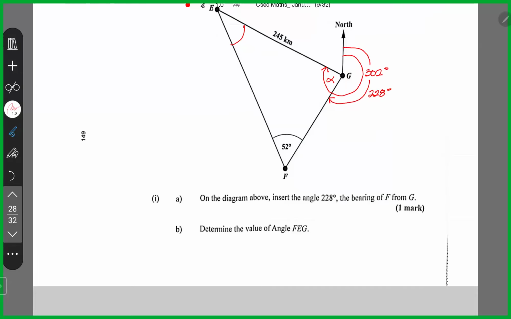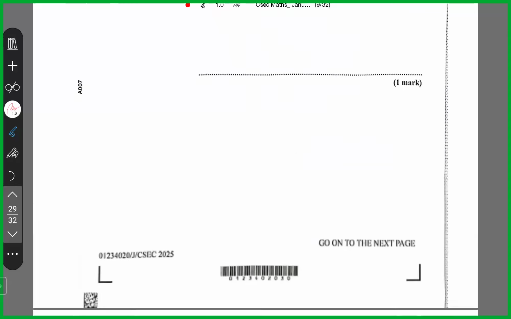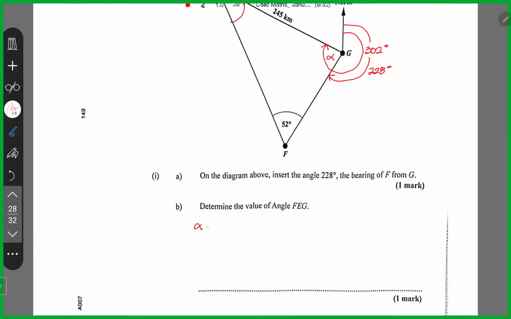But to determine it, I'm going to first determine alpha. Now, alpha is actually 302 minus 228. So alpha would be 74 degrees. So this is 74 degrees.